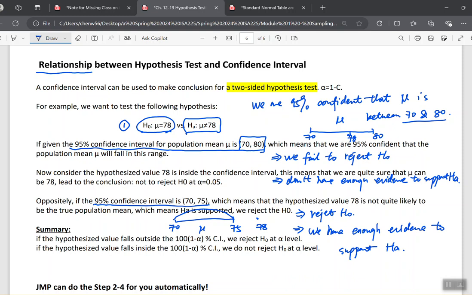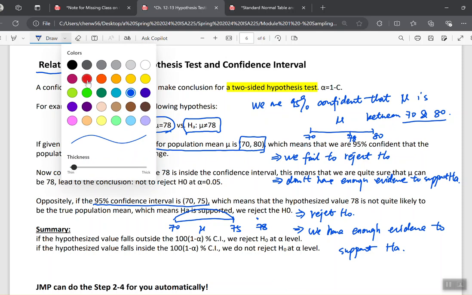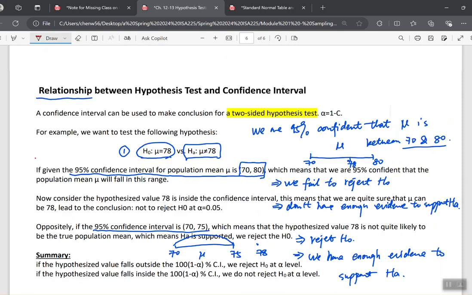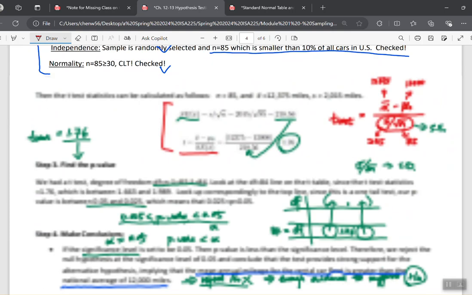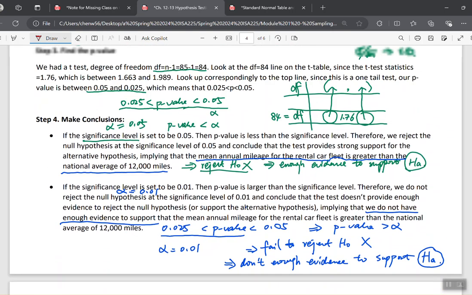All right, but the other way we say, when we talked about this example, right, whether you reject the null hypothesis or you do not reject the null hypothesis depends on what? Depends on your alpha, right? So if you have a different significance level, then your conclusion may be different.